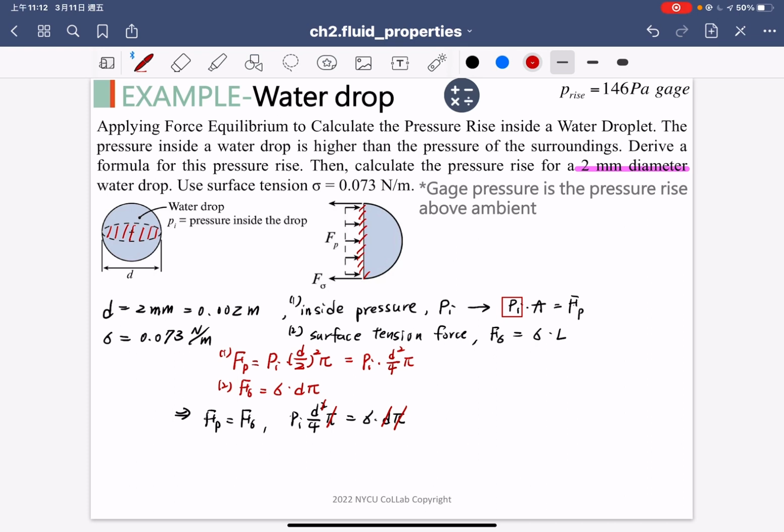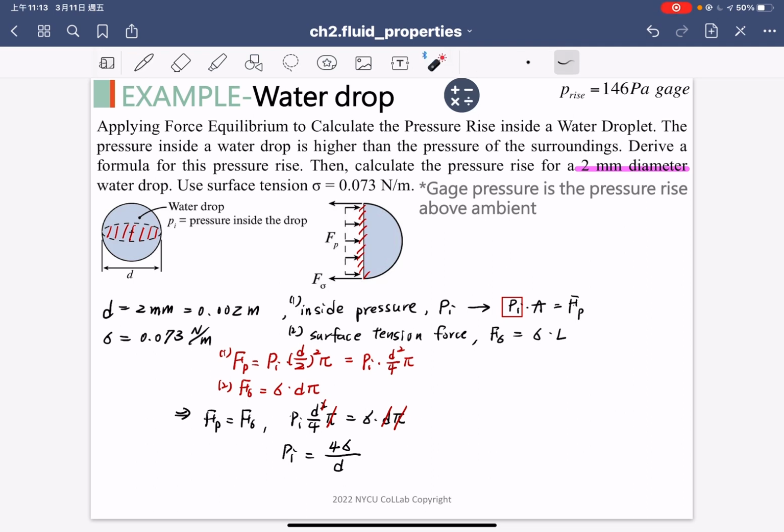So we rearrange the equation. We know that PI is equal to 4 times sigma divided by D. But the question is, we need to compute the number for the inside pressure.